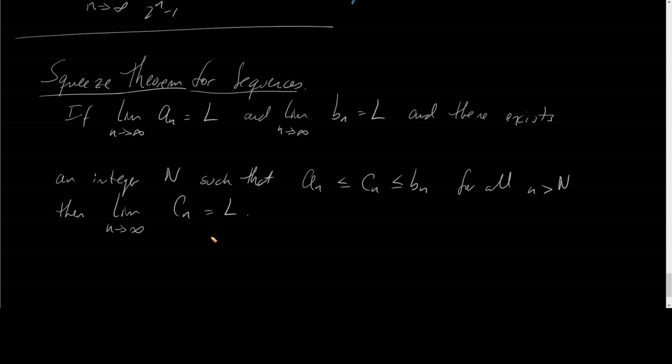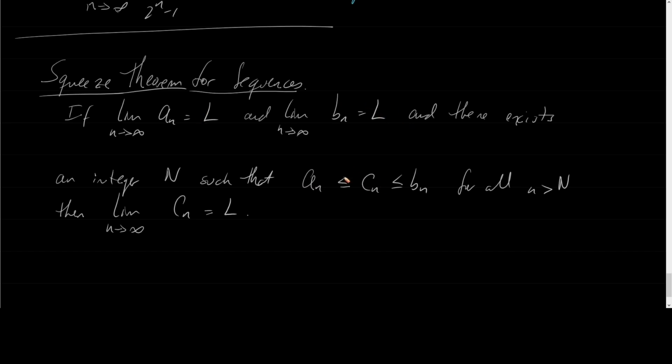Alright, so what are we saying here? It says, let's say that we have two sequences, a sub n and b sub n, and they both have the same limit. Alright, and let's say that we have a third sequence, c sub n, such that after some value, c sub n is in between both a sub n and b sub n. So this sequence is in between both of these two, which we knew what the limit of them were.